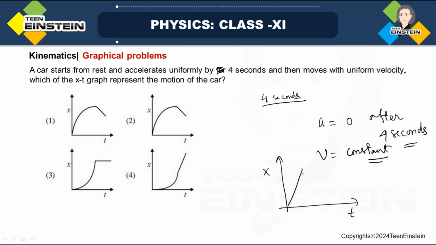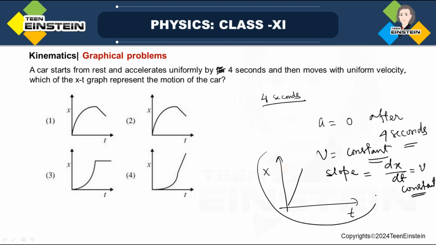The velocity is constant, that means the slope of this curve is always constant. The slope is actually dx/dt, or x by t, and this dx/dt is nothing but velocity. So this remains constant in this curve. Whenever there is uniform motion, the xt graph will express it in this way.